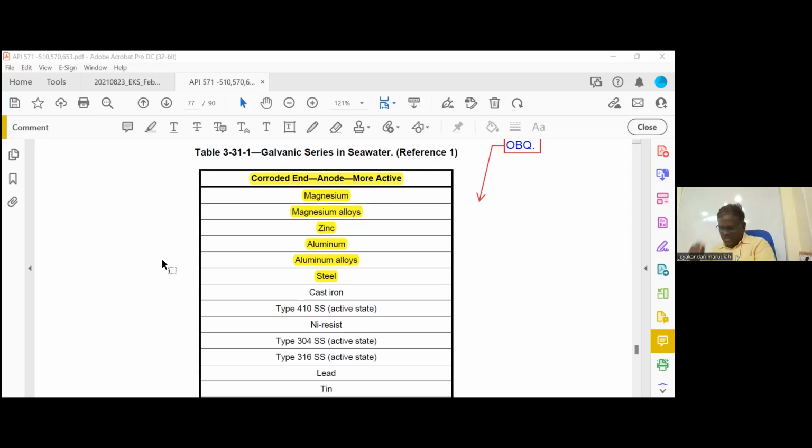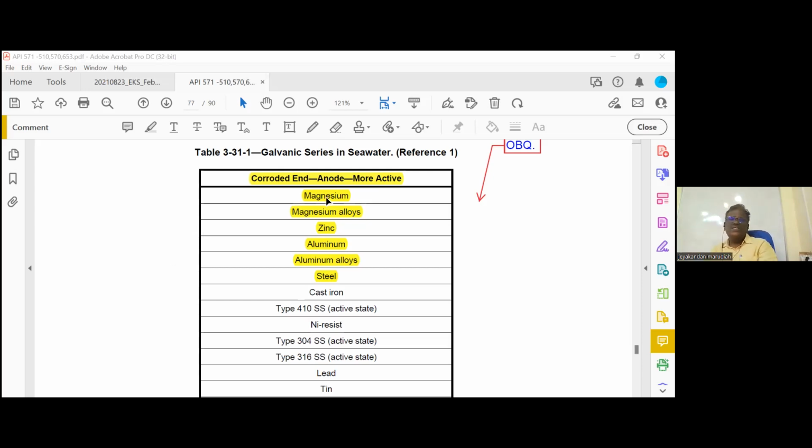So to make our pipe the cathode, what do we have to do? We have to connect it to a highly corroding material. Which materials corrode more than steel? Zinc, aluminum, magnesium. If they are connected to steel, the steel will be protected and they will corrode more.